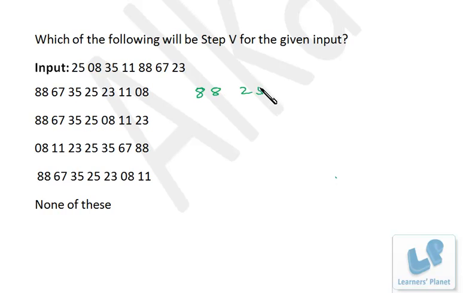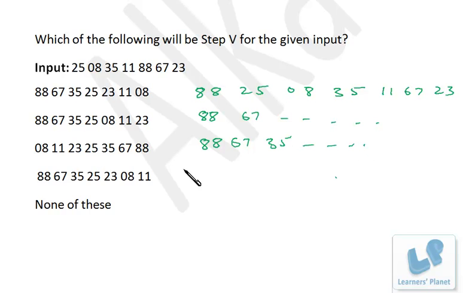Leave the remaining numbers as they are: 25, 8, 35, 11, 67 and 23. The second step is 88, then 67 will be coming at the second place. Leave the remaining numbers. Then for the third step, 67, after 67, 35 will be there. Leave the remaining numbers as they are.